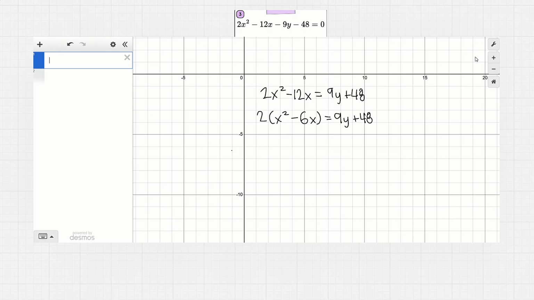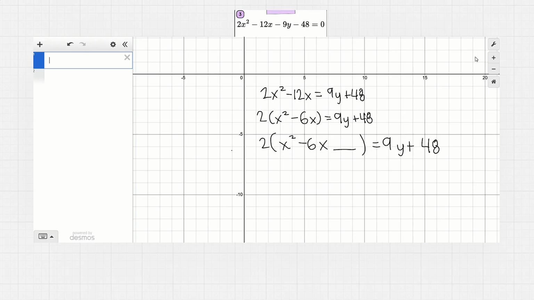Now we have our binomial. We will make it a perfect square trinomial to get a binomial. How are we going to do this? So, 2(x squared minus 6x, and we're going to put a blank in there) equals 9y plus 48.